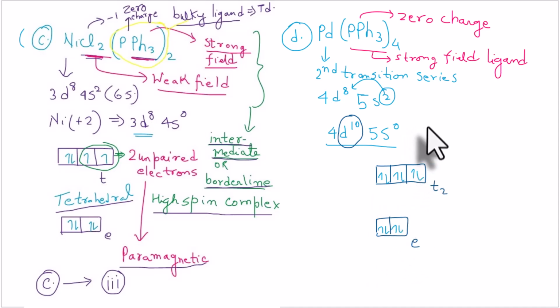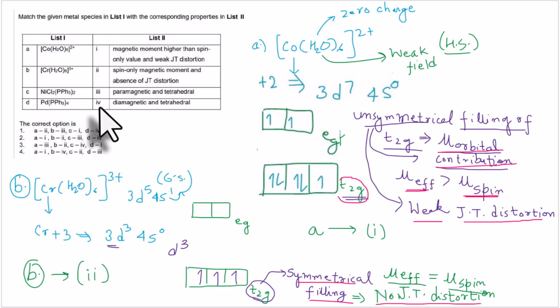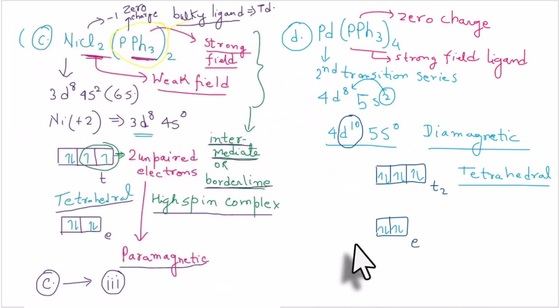Since they are completely filled, there is no unpaired electron, and that is why this complex is diamagnetic. Okay, diamagnetic and tetrahedral. And that is why we have this one statement left, that is statement 4, diamagnetic and tetrahedral. So D will correspond to statement 4. So our complex D corresponds to statement 4, diamagnetic and tetrahedral.